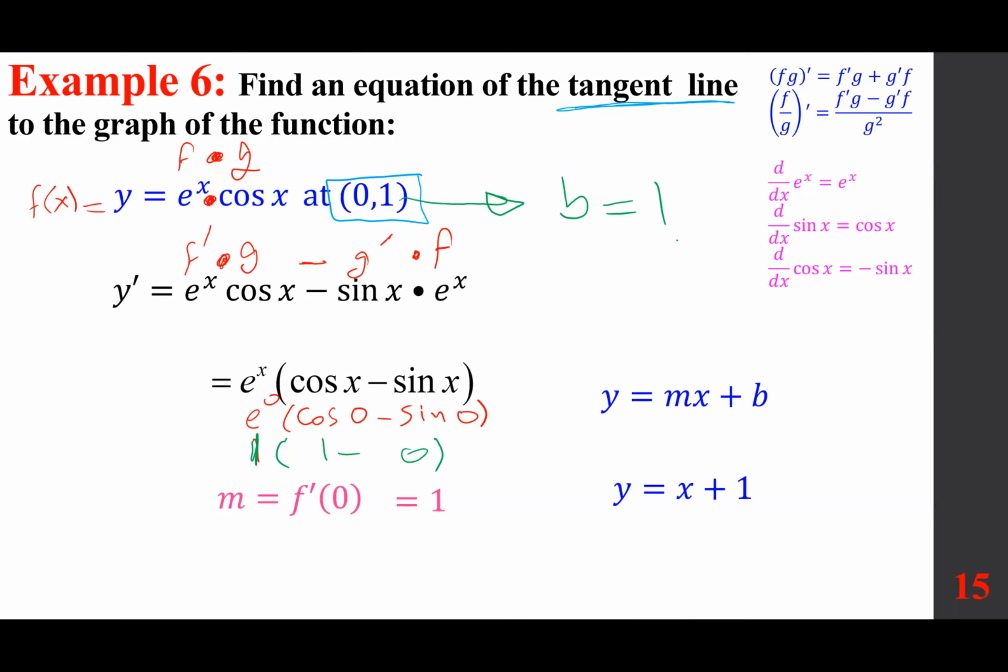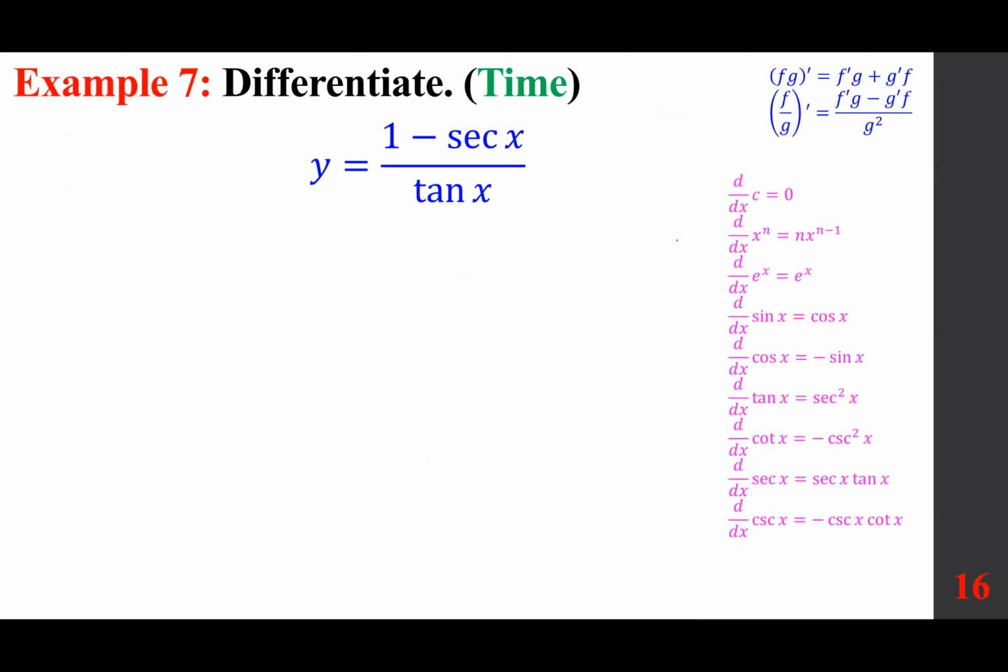Let's look at an interesting example from trigonometry. So we want to differentiate this: y equals 1 minus secant x over tan x. So we're going to call this f over g. So we will use the quotient rule.